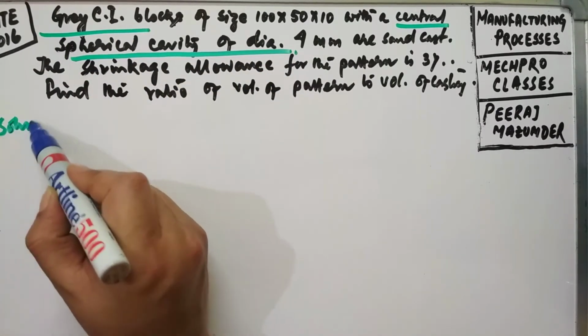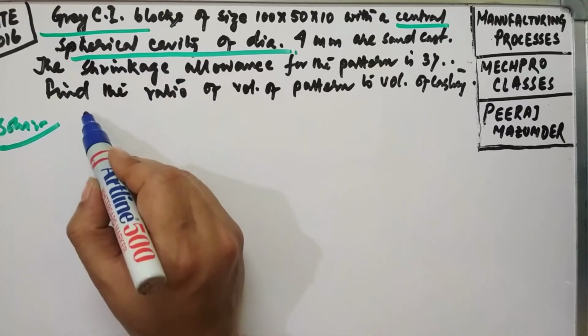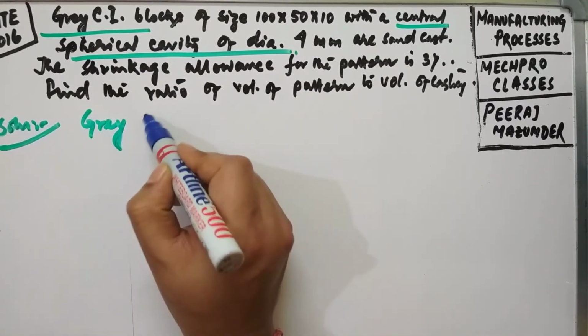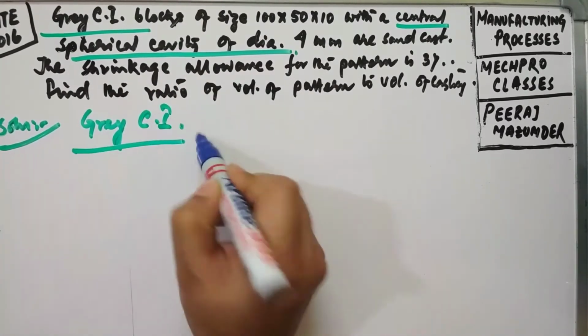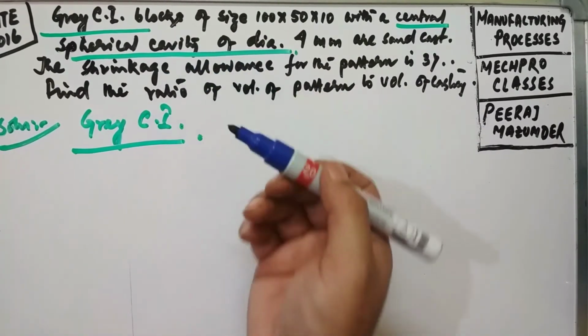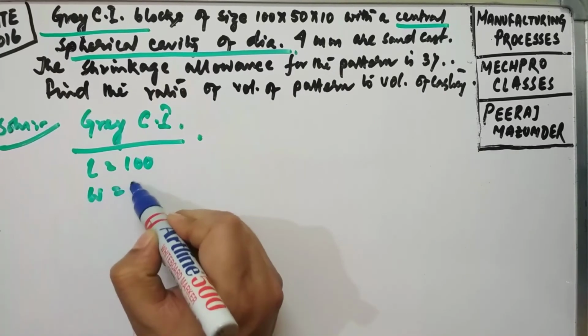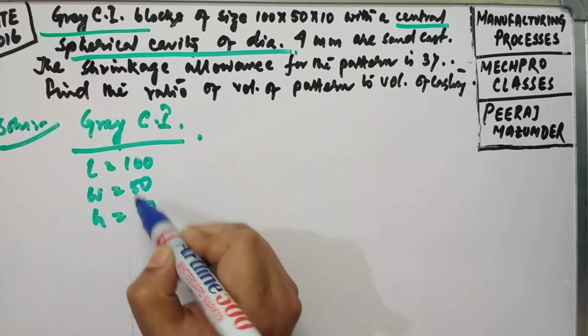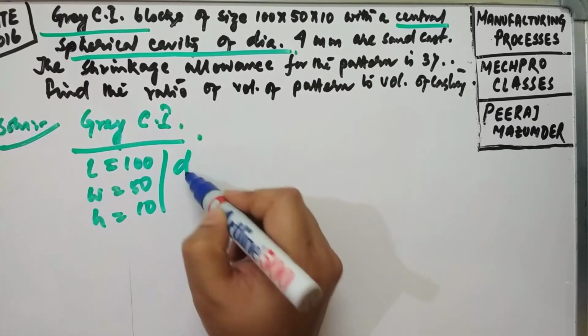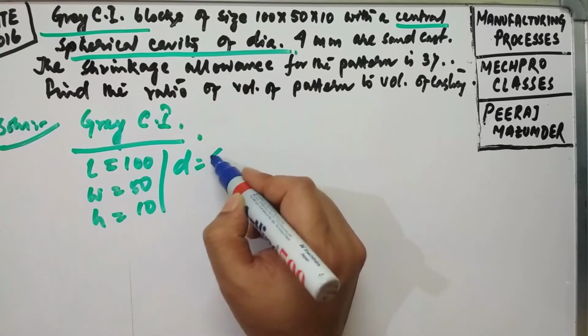So you must keep in mind two things over here: it is grey cast iron and it has a central spherical cavity. Length is given as 100, width is 50, and height is 10, and the diameter of the central cavity is given as 4 millimeter as well.